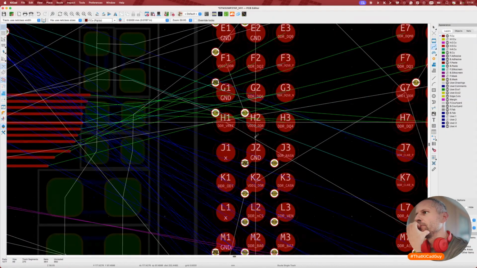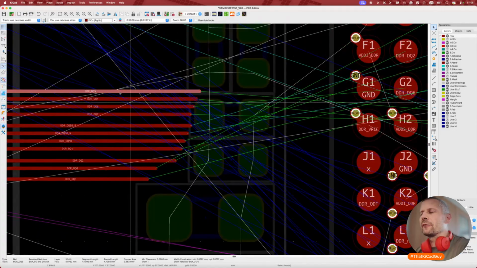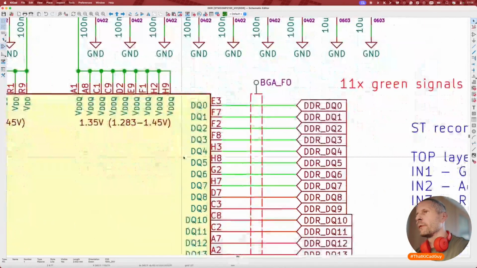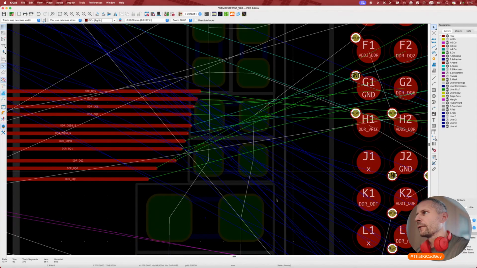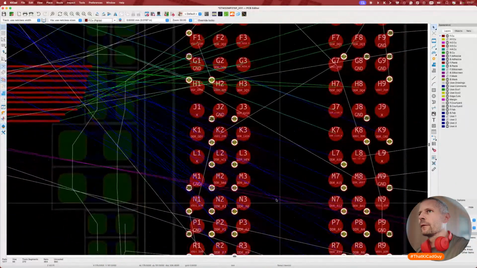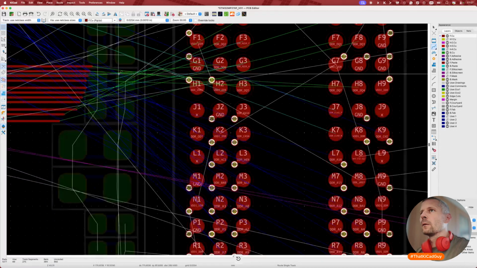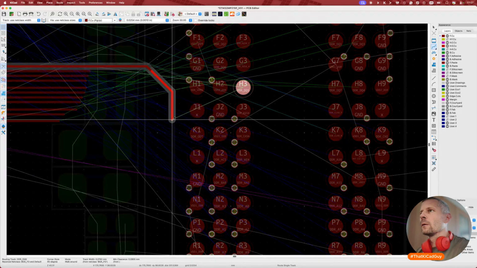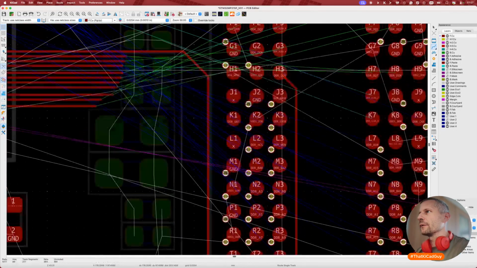It means DQ4. So this one, DQ5, should be DQ4. So now I can connect the first green signal like this.